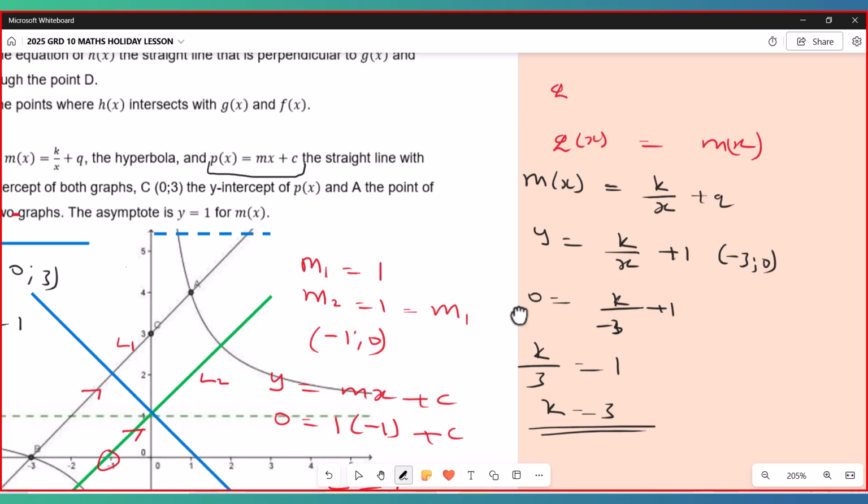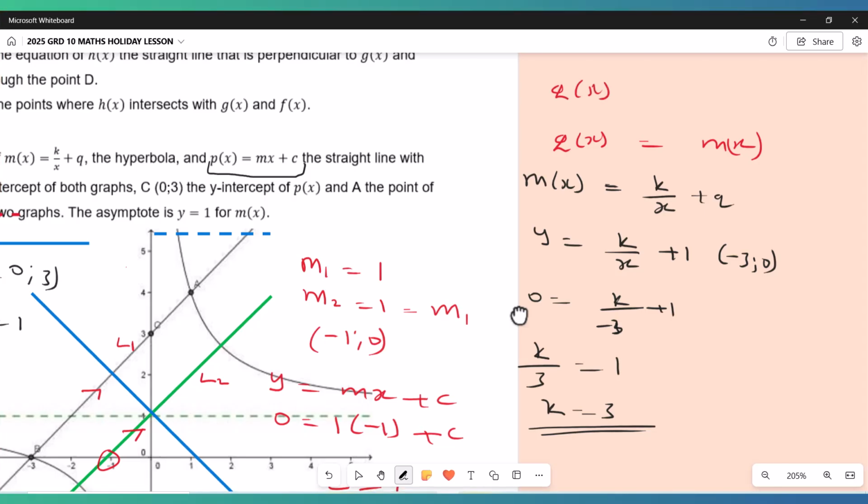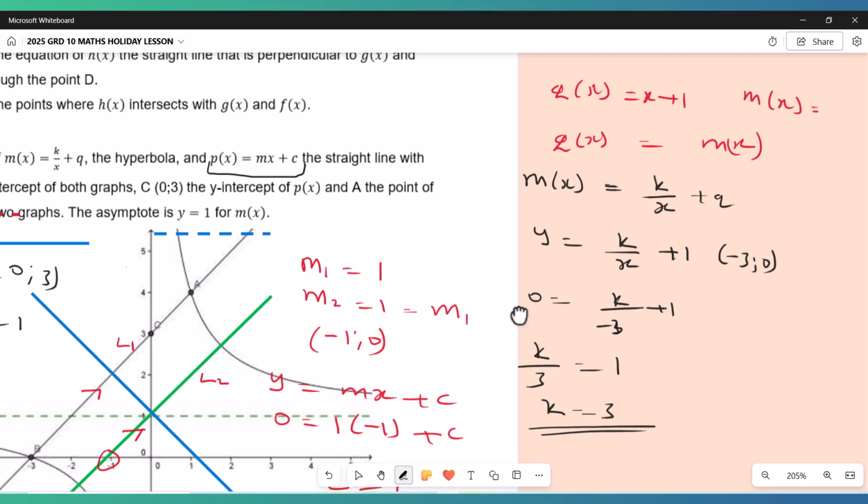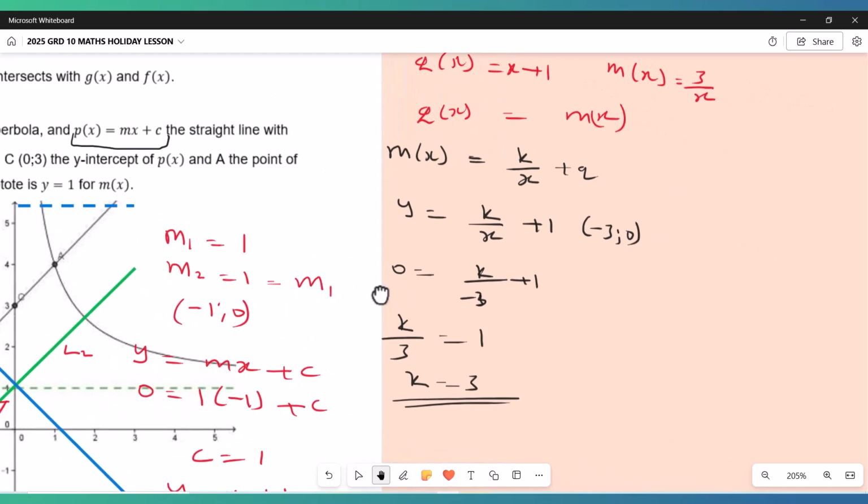And then our m of x, we already got it: 3 over x plus 1. So now we're solving these two equations. I'm going to equate them.